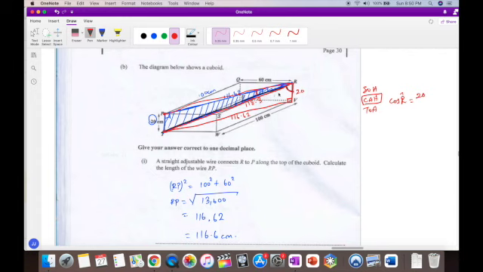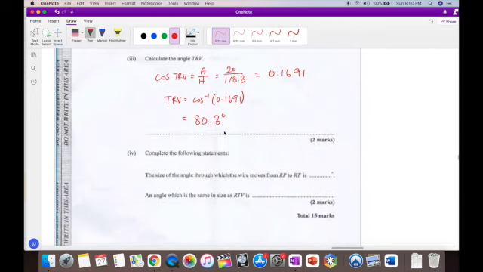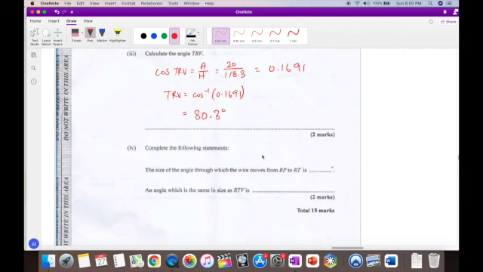So that angle will be 90 degrees minus that 80.3. So 90 minus 80.3 is 9.7 degrees.